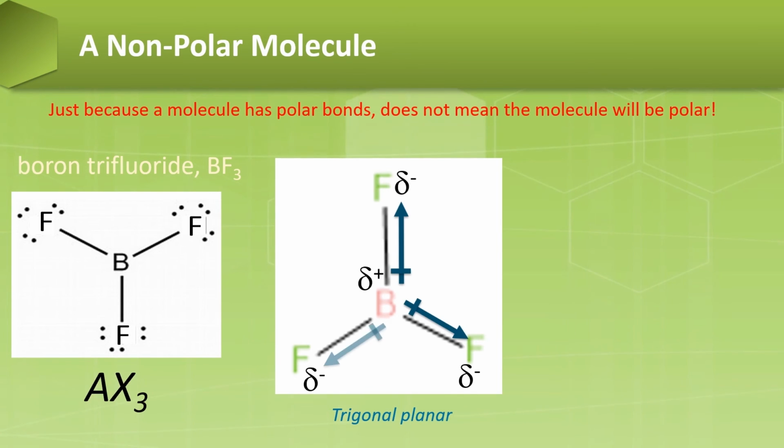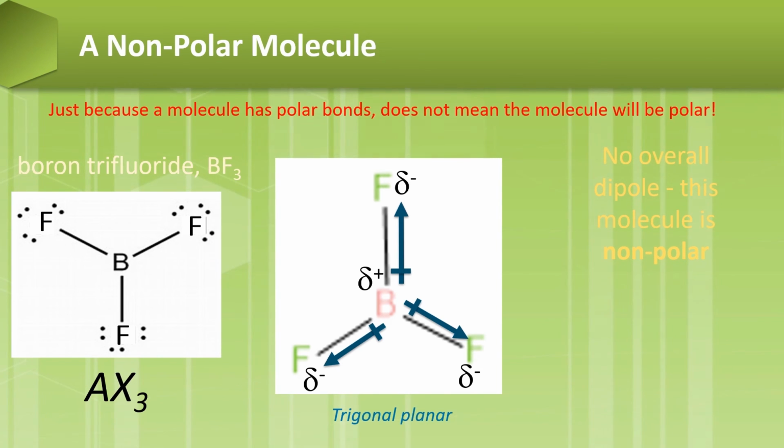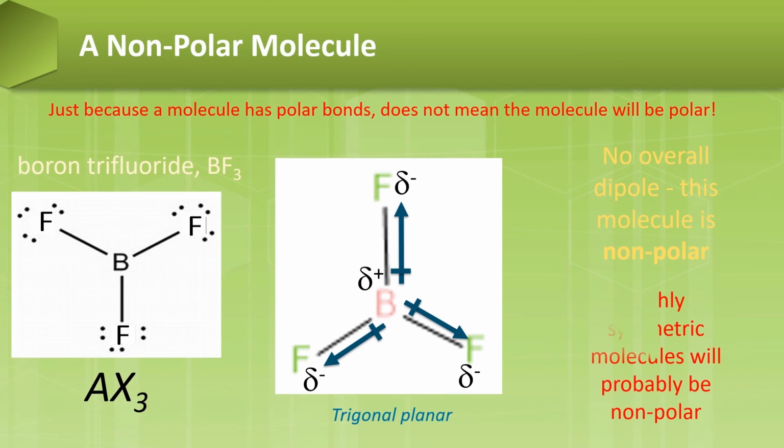The fluorine atom is the most electronegative atom we have on the periodic table, so polarity of each bond is definitely towards the fluorine atoms. Again, assuming the arrows are forces, the central atom will not move in this case because the net force is zero, because the molecule is too symmetric. This molecule is nonpolar. It is safe to say that highly symmetric molecules many times will be nonpolar.